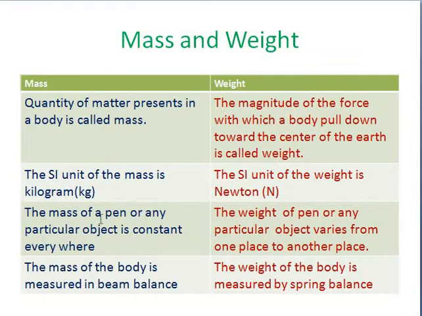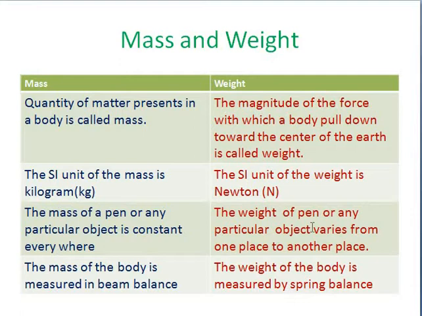And the mass of a pen or any particular object is constant everywhere, because when you take a pen to the moon, of course the mass of that pen is constant. But the weight of a pen or any particular object varies from one place to another.